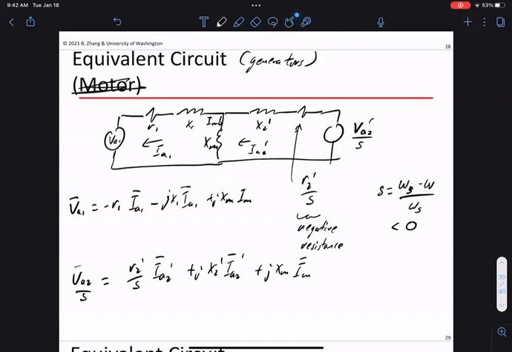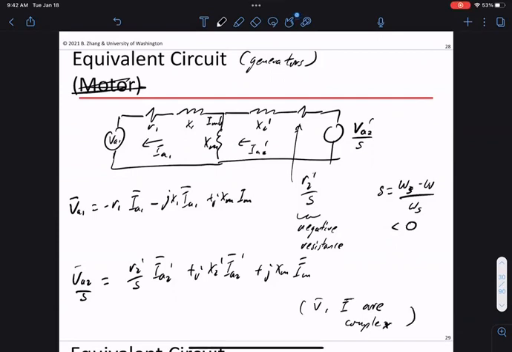The important thing to remember for these equations is that these are all complex numbers. We're dealing with a circuit with inductors, with complex voltages that have different angles. So it's important to remember that the voltages and currents are phasors, complex numbers.